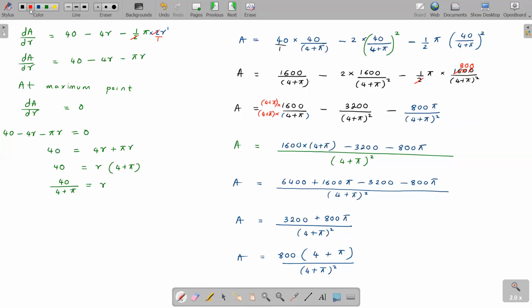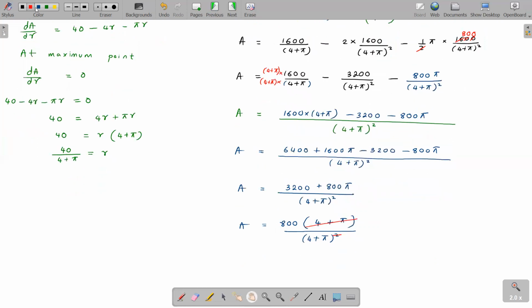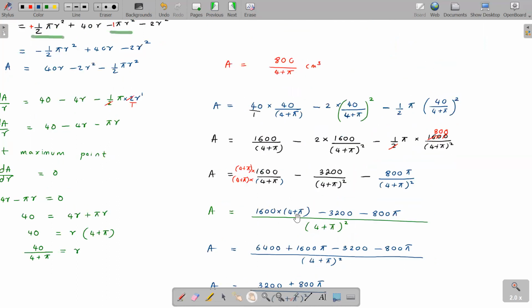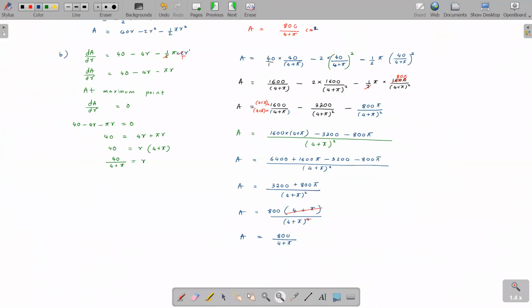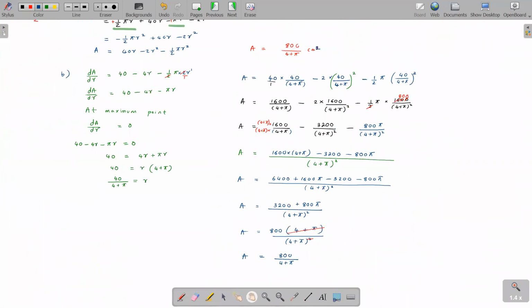So I can cancel out one of them and get what was given at the back of the book: 800 over 4 plus pi square centimeters. I have written cubic centimeter here, right? Square centimeters. 800 over 4 plus pi square centimeters is the answer, and we are able to get it by treating this as a show that sum. Okay.